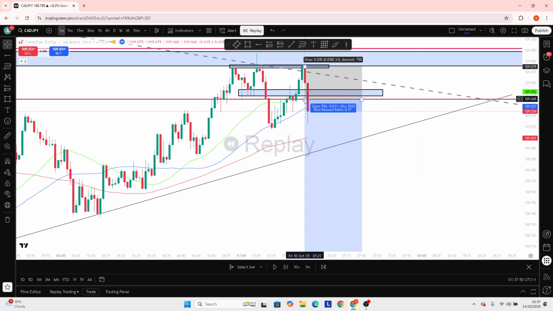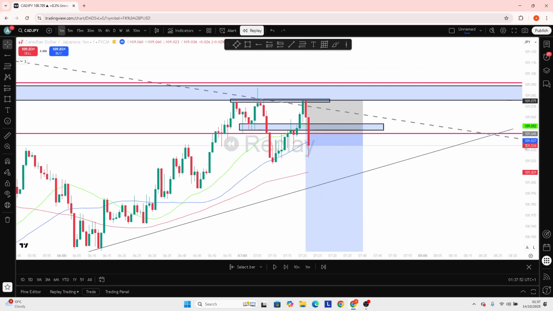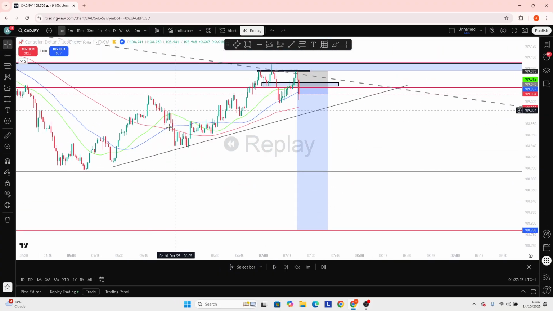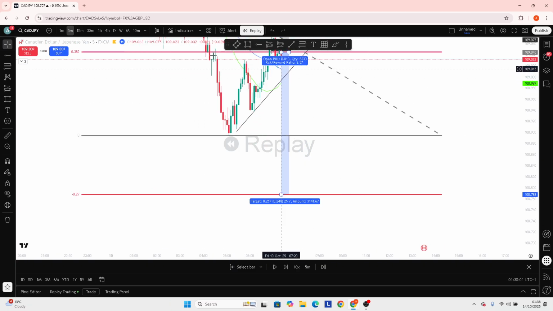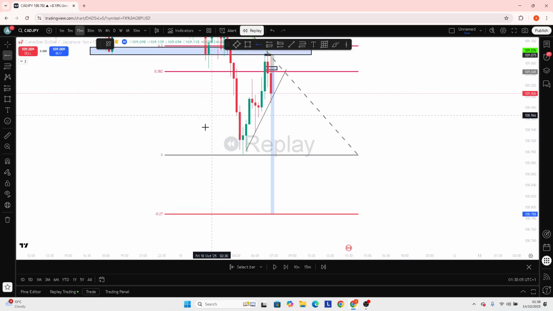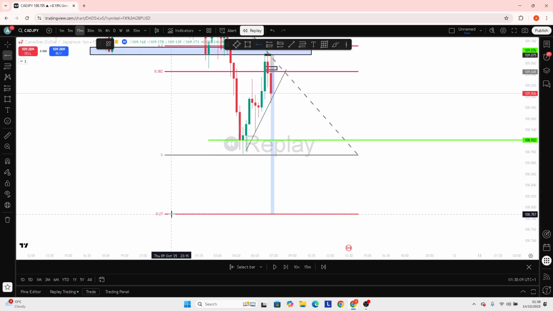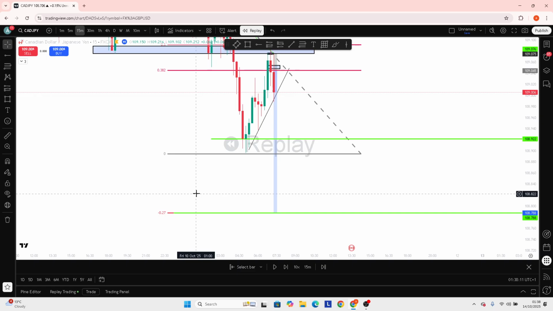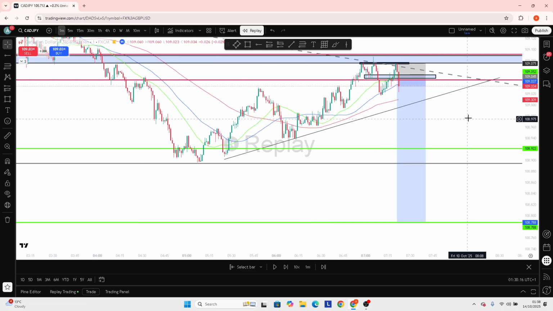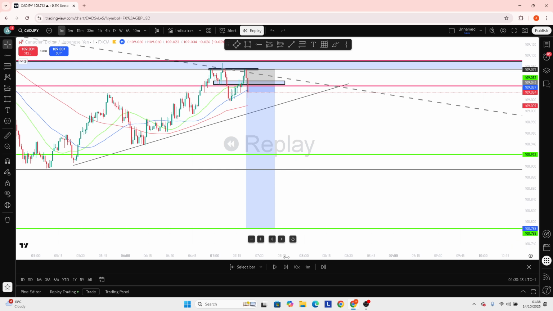You can just start selling, and then stop loss is right here, and targeting these lows. The first target is the 15-minute, sorry, right here. So your TP1 is right here, and then your TP2 is right here. Targeting these two, and yeah, you see that price nicely played out.